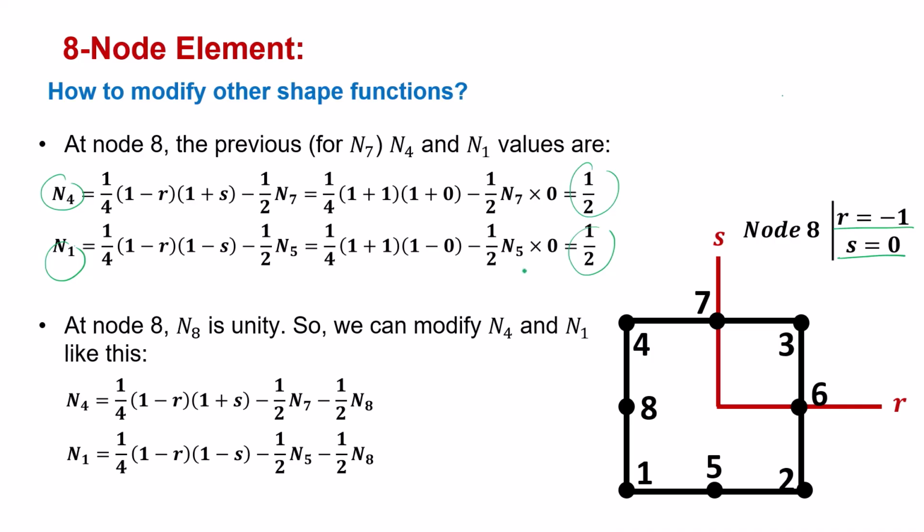But at node 8, only n8 should be equal to 1, and all the other shape functions must vanish. So just like before, we fix this by subtracting half of n8 from both n1 and n4, as you can see here. Now at node 8, both n1 and n4 correctly drop to 0, while n8 is equal to 1. This ensures that the left edge interpolation is also quadratic, just like the other 3 edges.